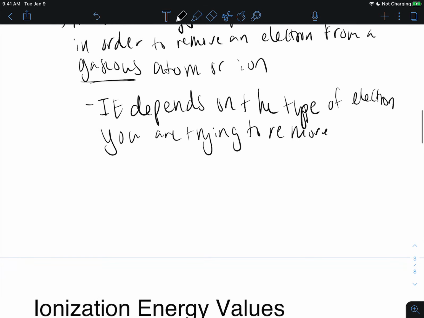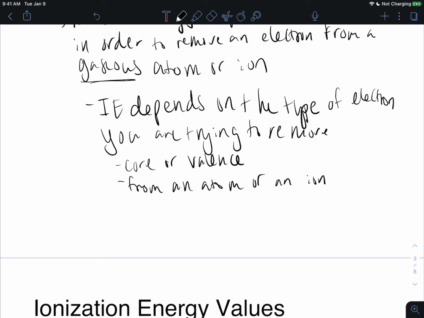Is this a core electron? Or is it a valence electron? A valence electron is going to have a lot less energy required to remove it. Are we removing an electron from an atom or an ion? It's easier to remove an electron from an atom than it is to remove an electron from an ion.